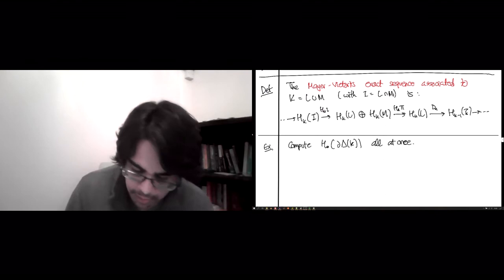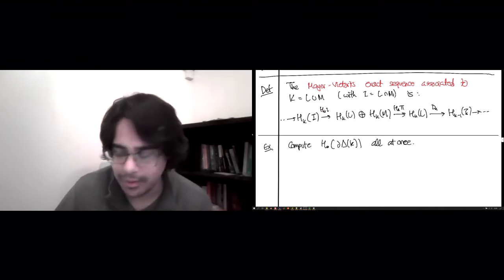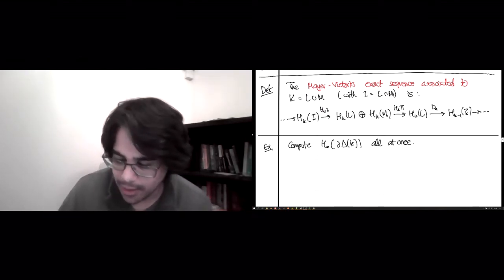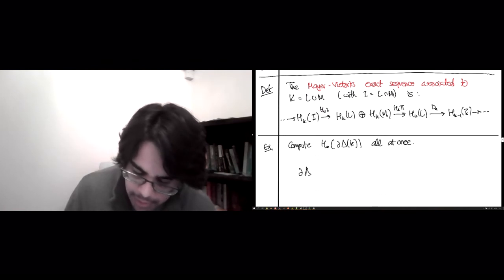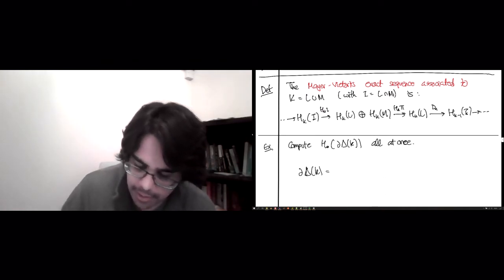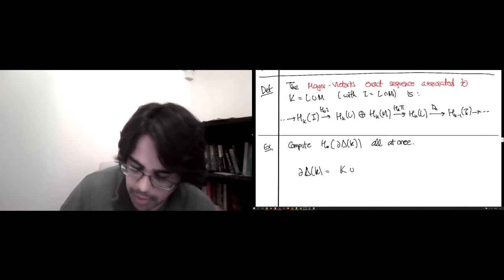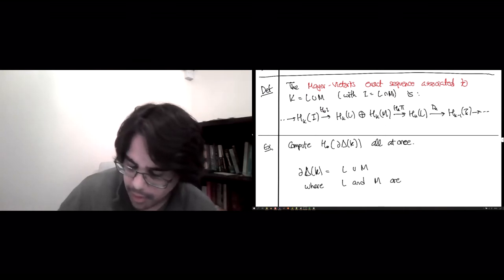And the trick, or the insight, really, it's not a trick, is to write this as a union, K union L, L union M is how we're writing these, where L and M have the homology of a point.